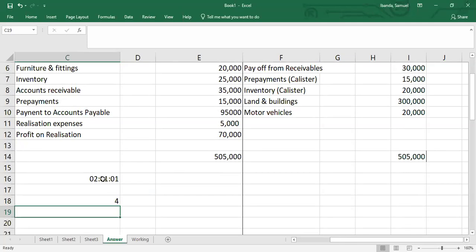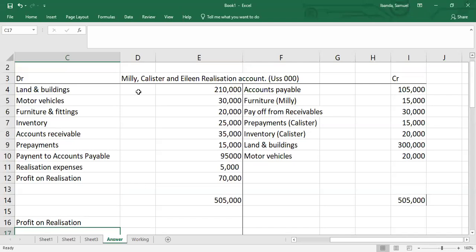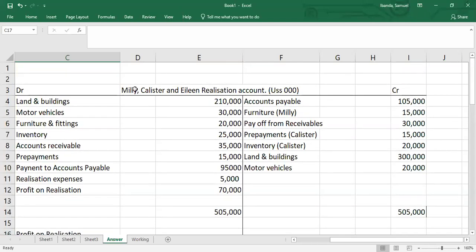So if I was to break this profit on realization down in terms of the respective partners, that is Millie, Calista, and Ellen.